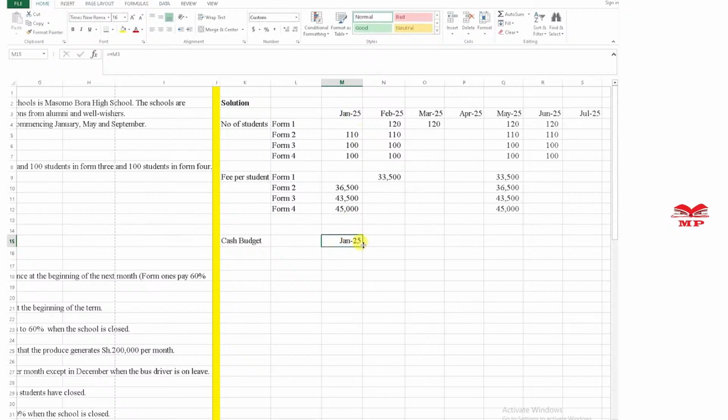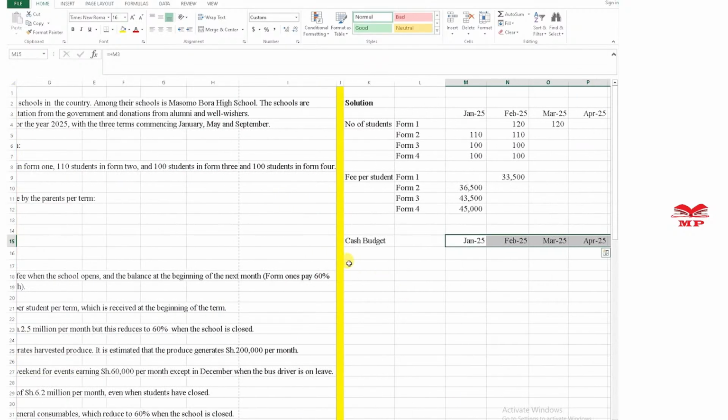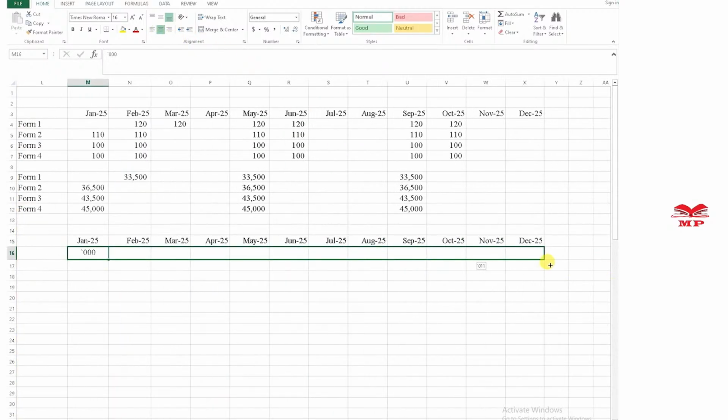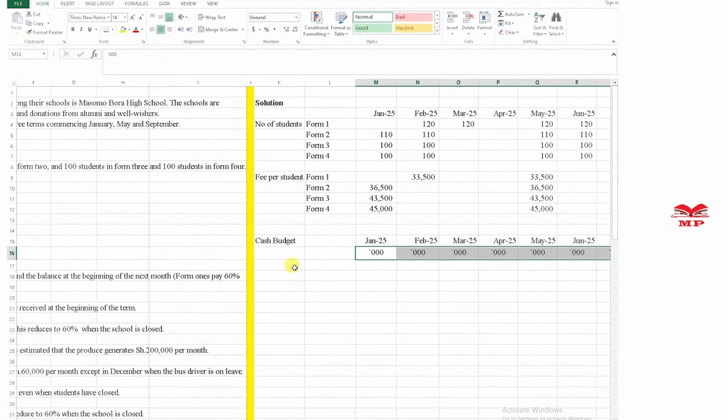Shift, control R. And then, because we are seeing that these ones are going to be in thousands, center like that. So we put these ones also like that until December. Thousands. And then we start it out.